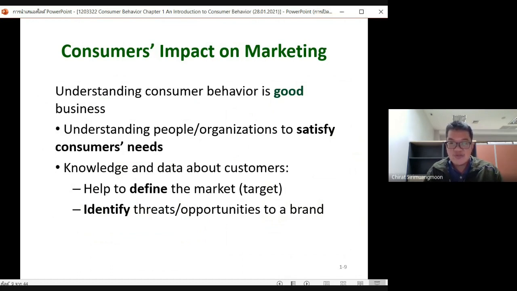After you finish studying consumer behavior, you can know which group of people to focus on, and you can identify what the threat and the opportunity are for the current brand. Or if it's not quite okay, you can use some strategy to have a better business. So that's all the reason why we need to study consumer behavior: to satisfy the consumer's needs.